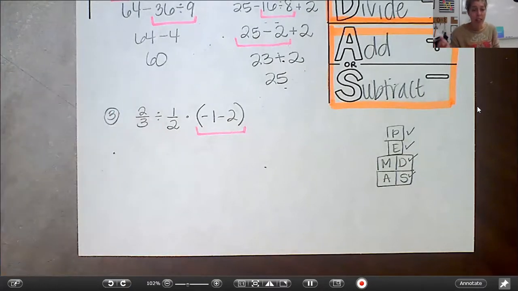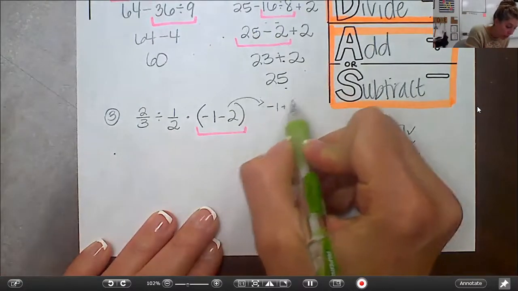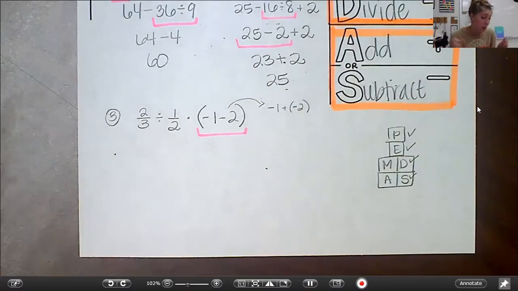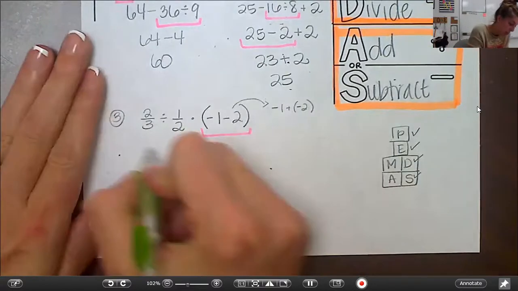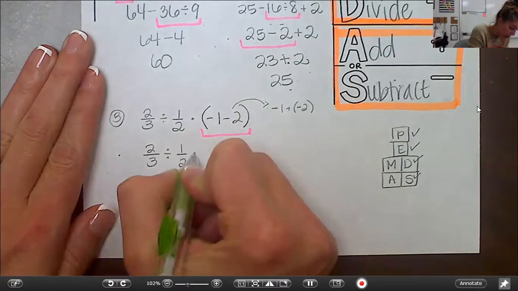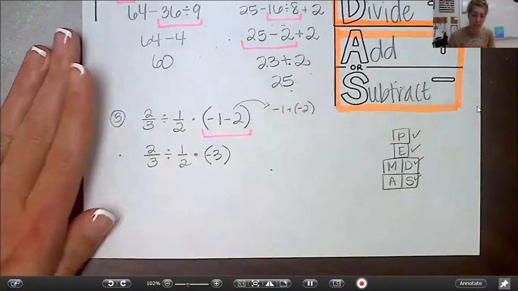So I need to take -1 minus 2. Remember, if you are still struggling with that concept, we rewrote them to addition to try and make our lives easier. And we add the numbers, keep the sign. So I'm going to rewrite 2/3 divided by 1/2 times, and I'm going to put -3 in its place.